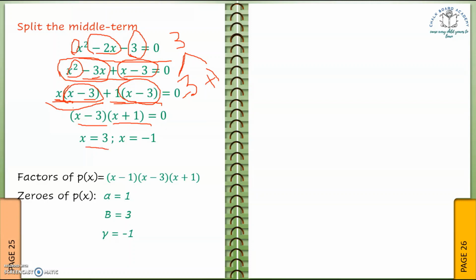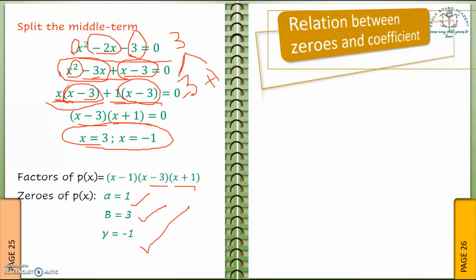So from here we get the answer, that is x is equal to 3 and x is equal to minus 1. So we can say the other two factors are x minus 3 and x plus 1. So the zeros of this cubic equation are alpha is equal to 1, beta is equal to 3, and gamma is equal to minus 1.